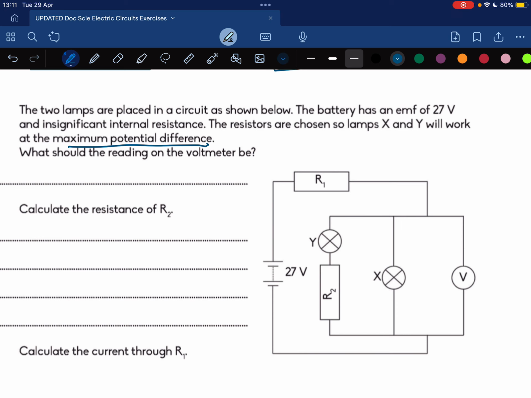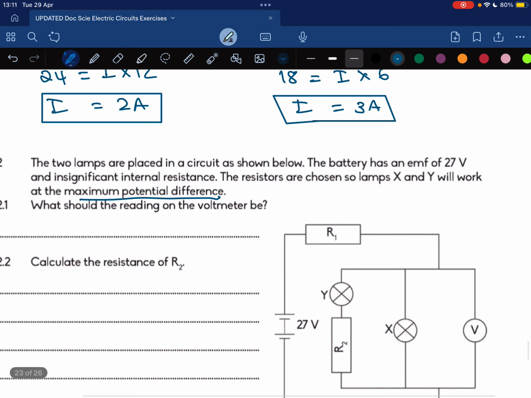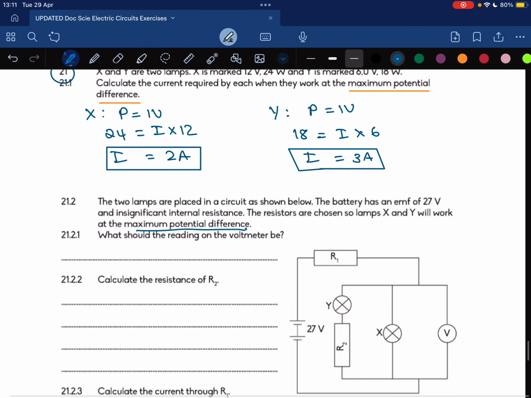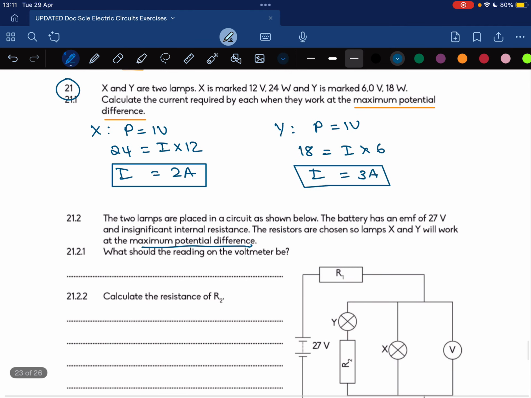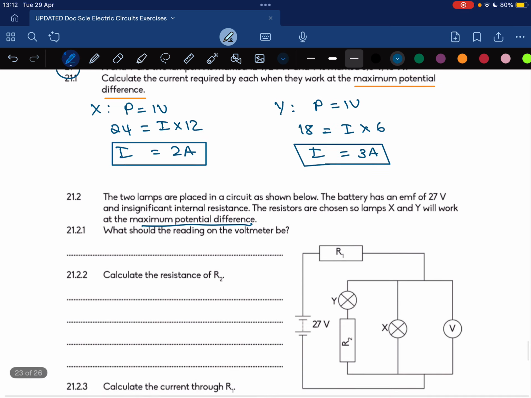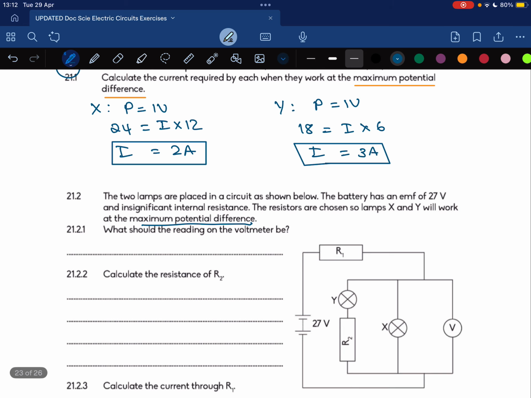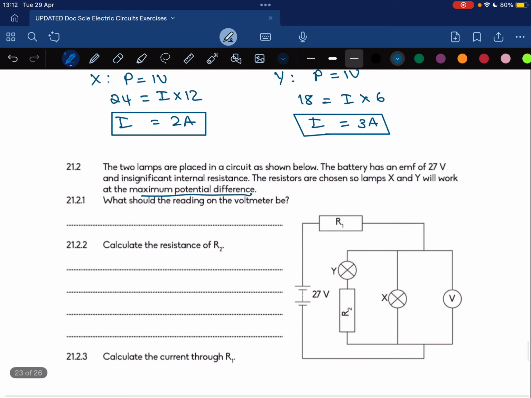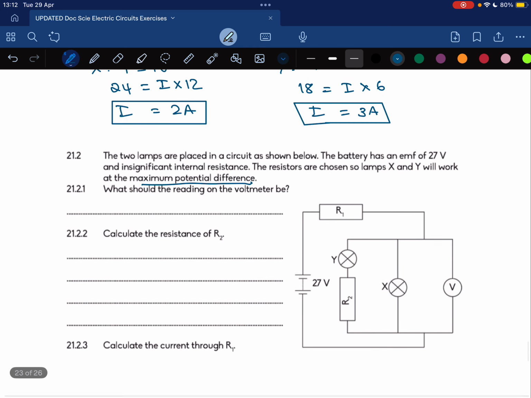Okay, so this is quite an interesting question to think about, right? Because the resistors are chosen so that the lamps X and Y will work at their maximum potential difference. So V is giving the reading over both Y and X.